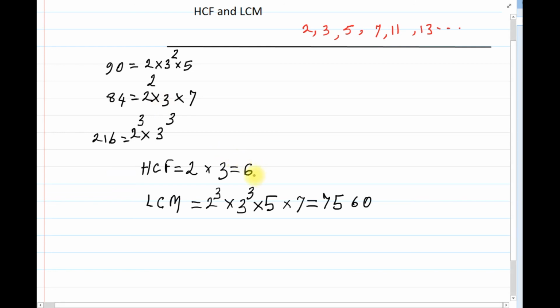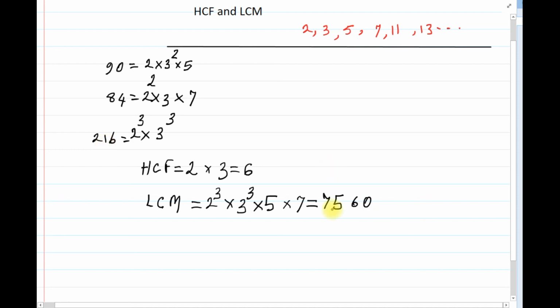And 6 is the largest number that 90, 84, and 216 can be divided by. So when you divide 90, 84, or 216 by 6, you won't get any remainder.